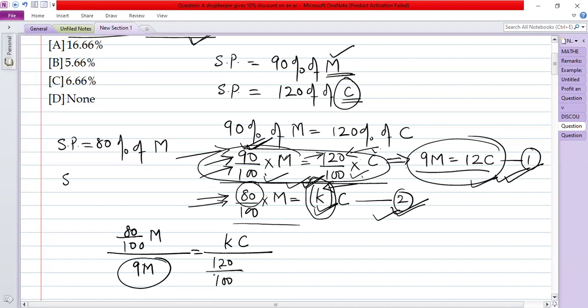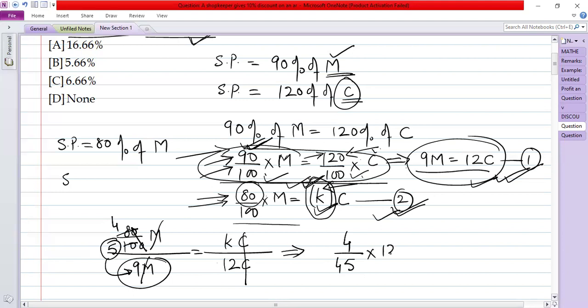So here I can directly write 12C. Okay, so C will cancel out, and even M will cancel out. So now from here, this will cancel out, and 2 4s and 2 5s. So even this 5 will be here in the denominator. So basically we will have 4, and 9 into 5 will be 45.